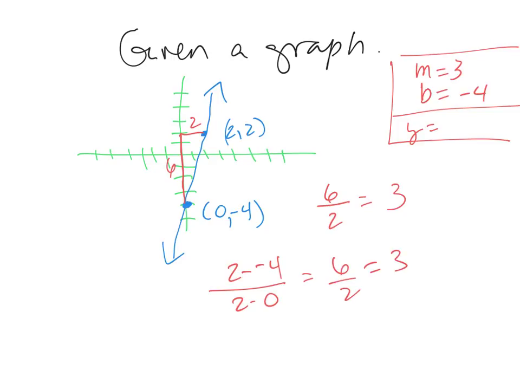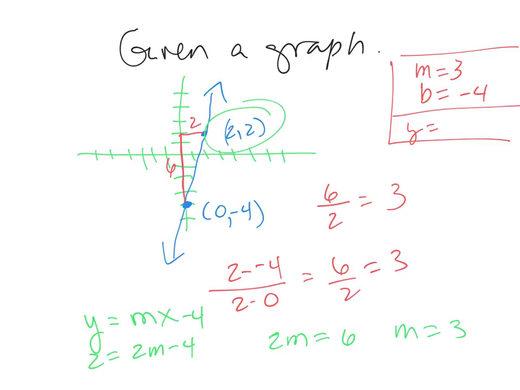Or you can do what we've been doing. You can do y equals mx minus 4, and then plug in one of the points in here to find your slope, okay? So you have 2 equals 2 times m minus 4. 2m equals 6. M equals 3. So either way, you get 3.